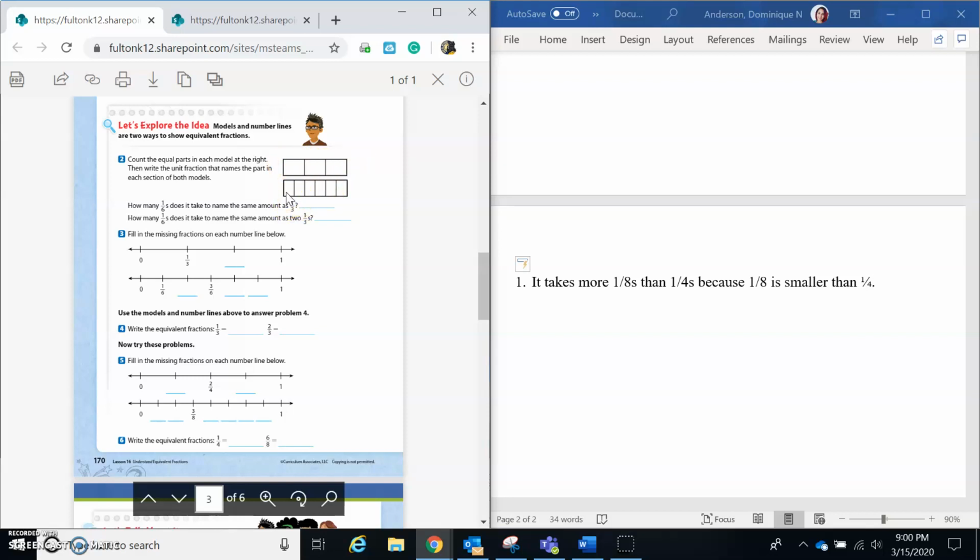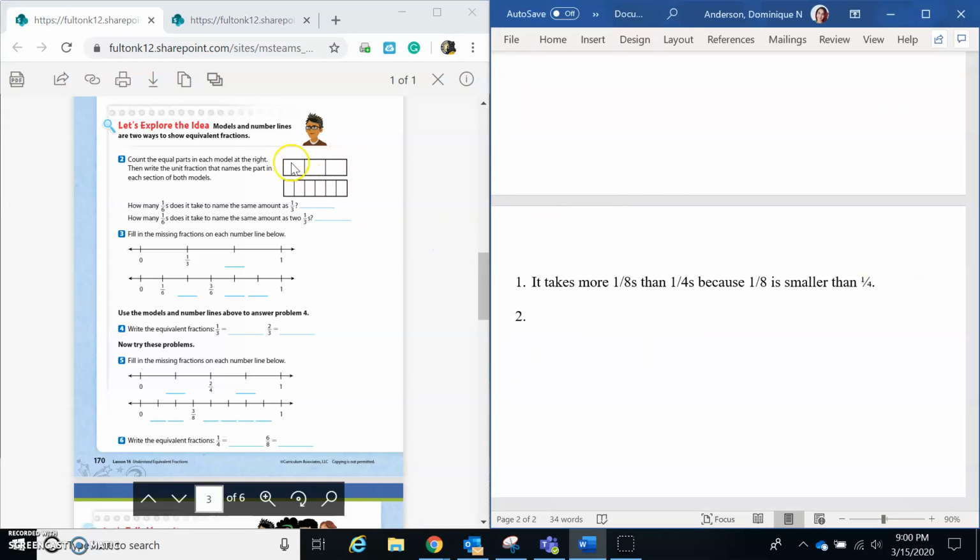Now if we count this one, we have 1, 2, 3, 4, 5, 6. So I have 6 equal parts, which means my denominator should be 6. And each part would be 1/6. So you put 1/6 in each box. So it says how many 1/6 does it take to name the same amount as 1/3?